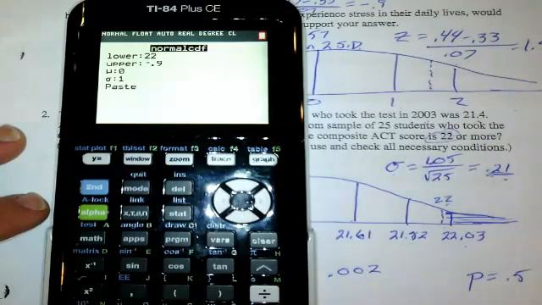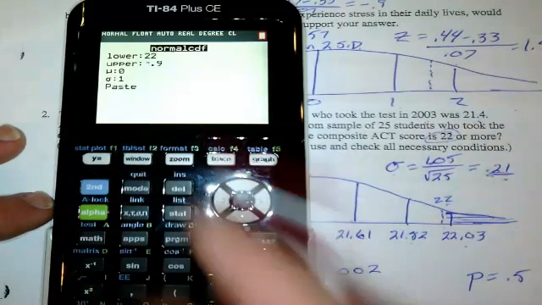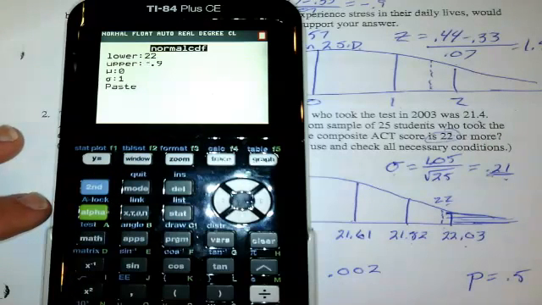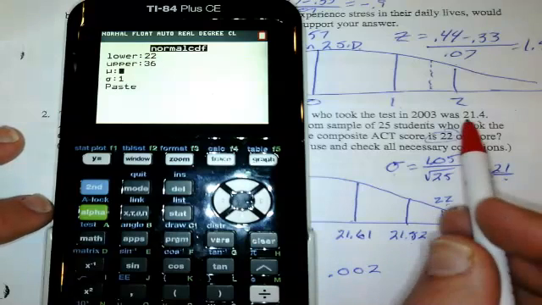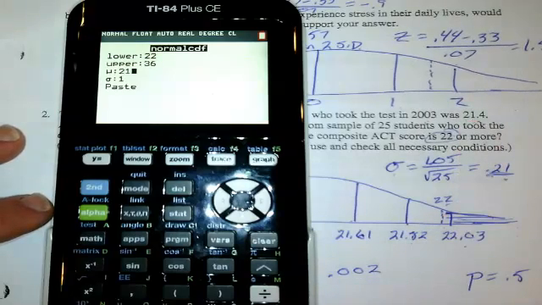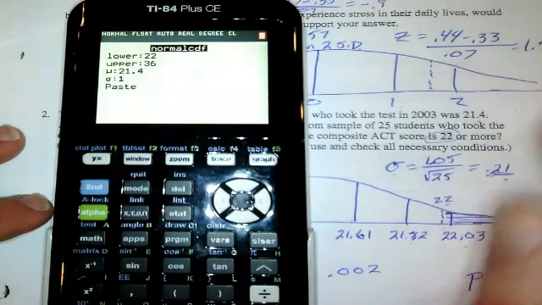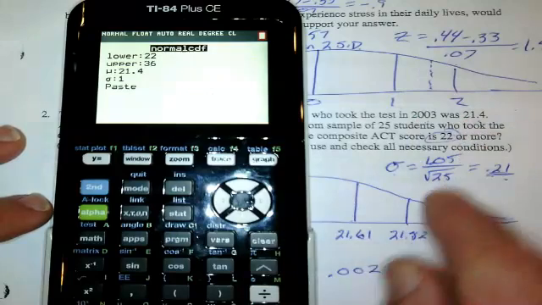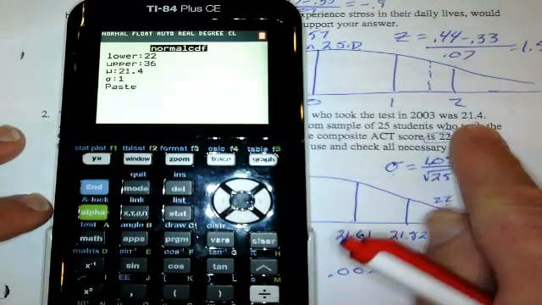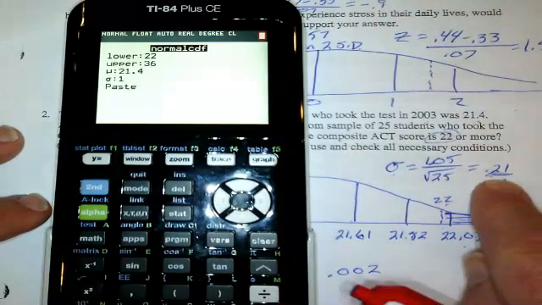So this is 22. This, my upper number, well, what's the perfect score on the ACT? It's a 36. My mean is 21.4. Now this is just for the state of Ohio that we're talking about in 2003. So that's 21.4. My standard deviation is 0.21.